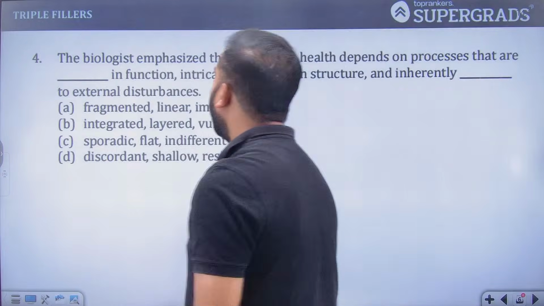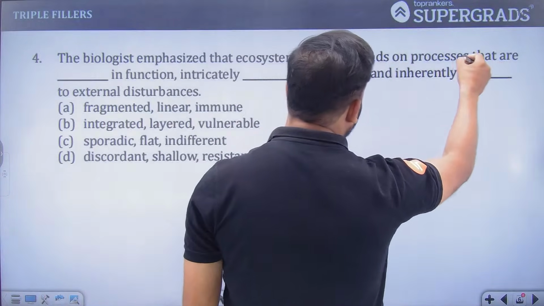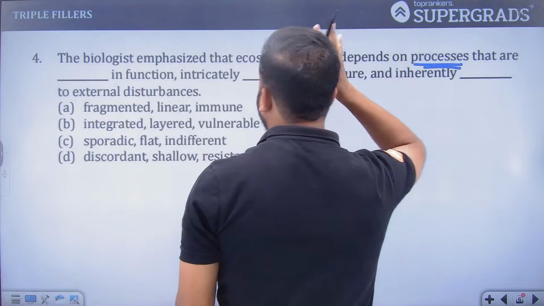Now, the biologists emphasize that ecosystem health depends on processes that are dash in function.